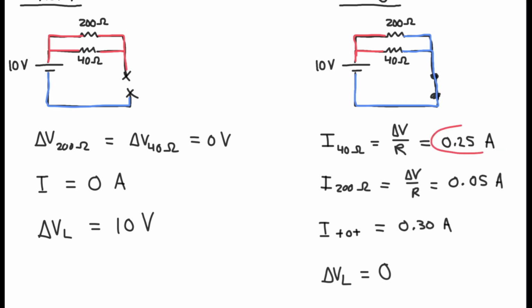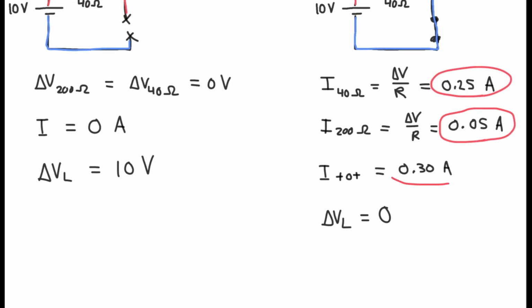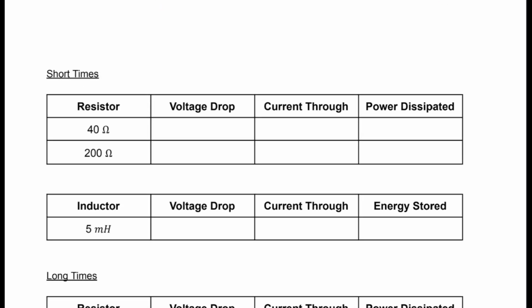So again, just due to the fact that we had a parallel circuit, it made more sense just to calculate the currents individually and then add them with the junction rule. So going through, due to the nature of the parallel circuit, both resistors had to drop the full battery voltage of 10 volts. The current through each resistor was changed, though. The smaller resistor required more current.